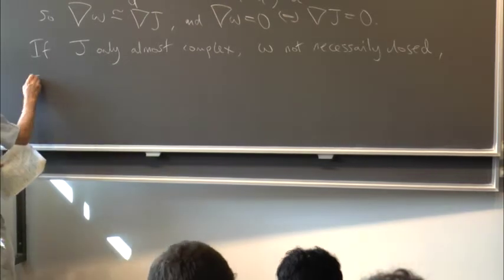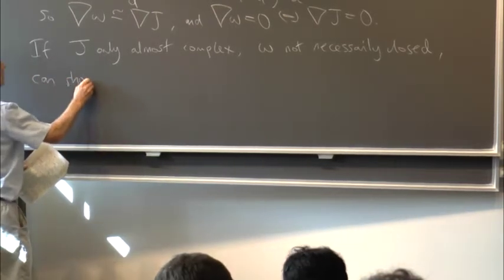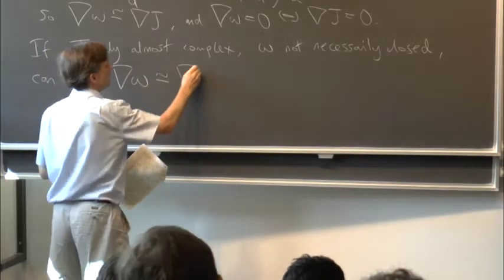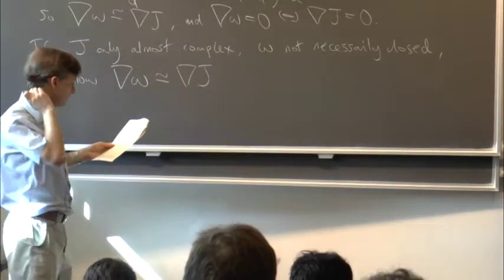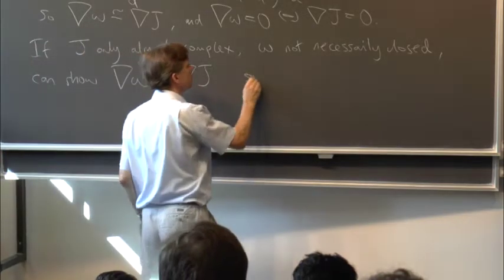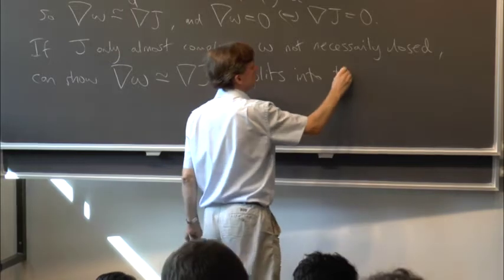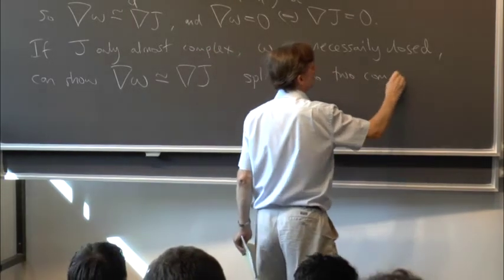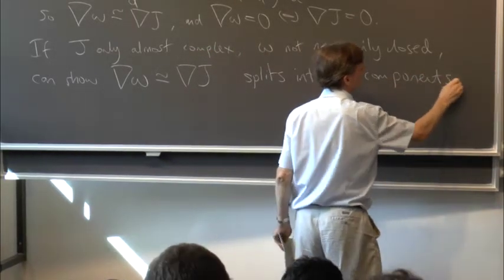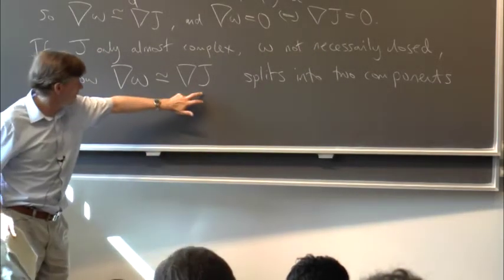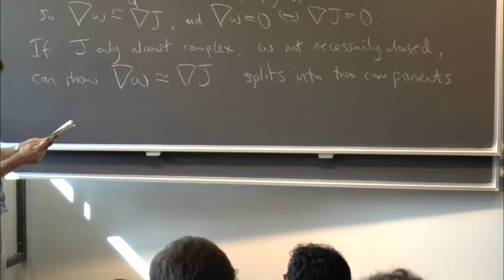Then you can show that nabla omega, or more or less equivalently nabla J, splits into two components. One of them is most obviously associated to omega, the other one most obviously associated to J.